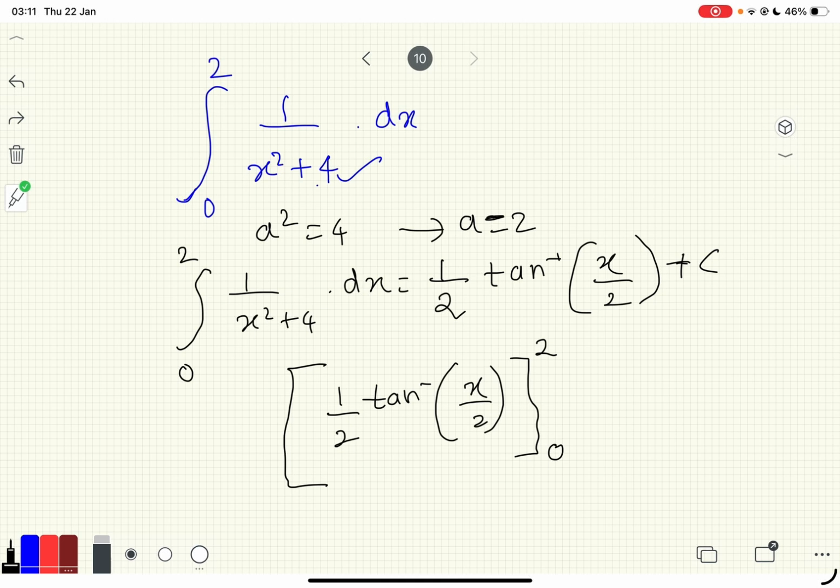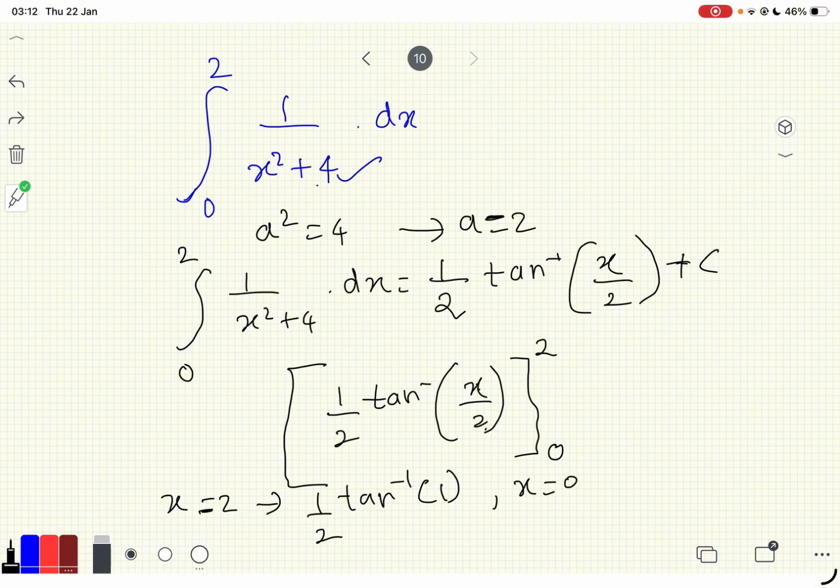So if you substitute x for the 2, if x is 2 for the upper limit, it would be one half of tan inverse 2 by 2, which is 1, and then if you substitute x as 0, it's one half of tan inverse 0.